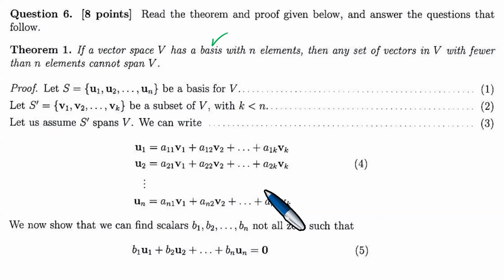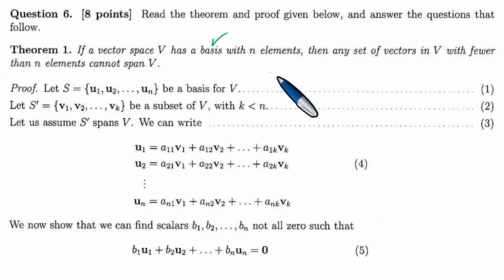There's something more I want to mention here, because here they're effectively saying that if a vector space V has a basis with n elements, what does it mean?